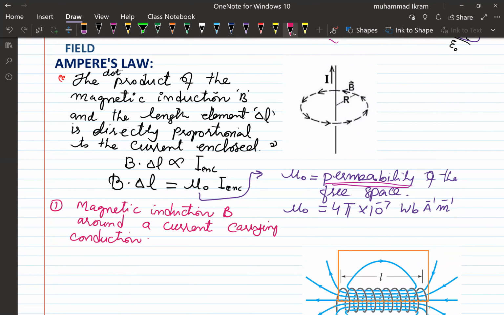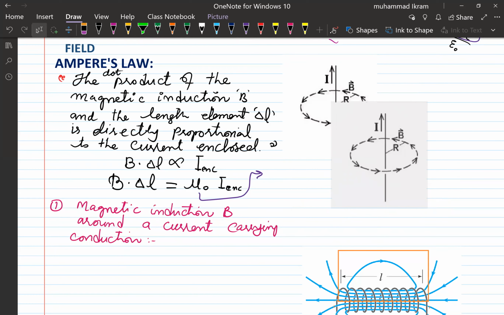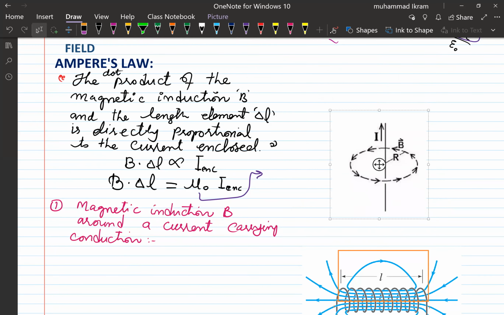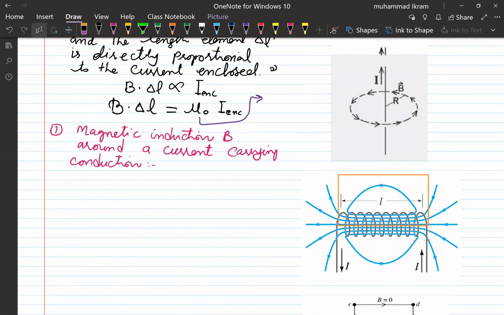Now look here. Let me clean this part. I just want to demonstrate this to you, and the law you already see. In order to apply the law, you need the current enclosed by the circuit.